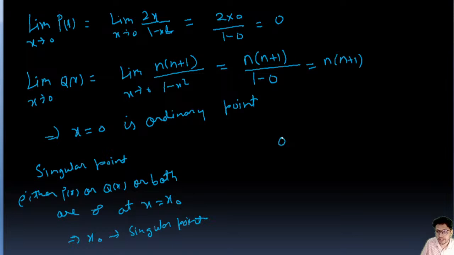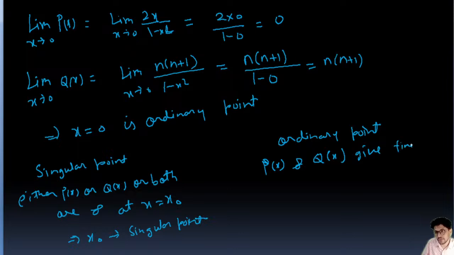Similarly, an ordinary point means that if p(x) and q(x) give a finite value at x equal to x naught, like in this case, then x naught is an ordinary point for any differential equation.